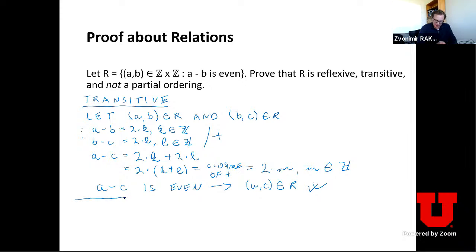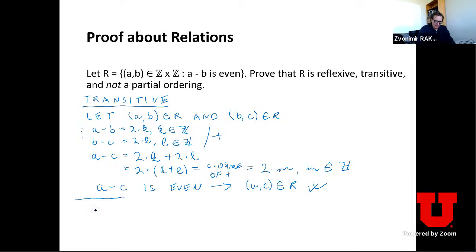So how do we do this? We want to show that it's not antisymmetric. So we can show this by finding a counterexample. And there are many counterexamples that you can find.